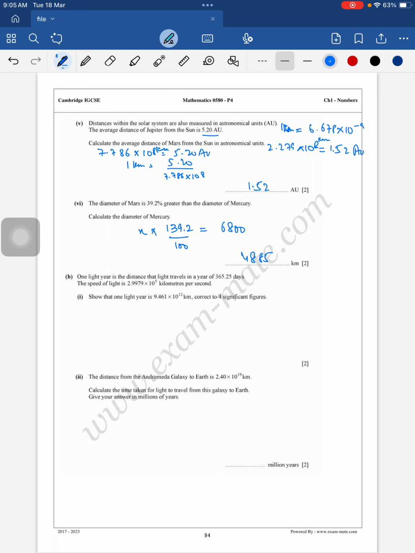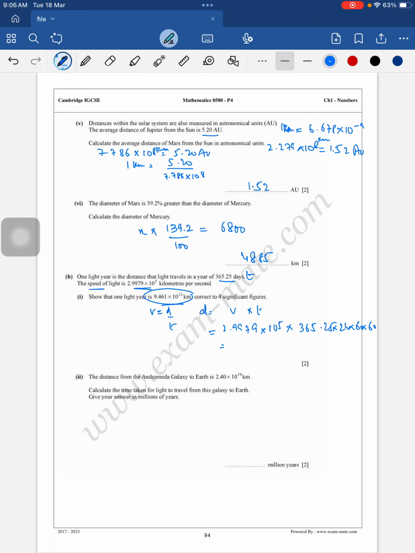1 light year is the distance that light travels in a year of 365.25 days. The speed of light is given. Show that 1 light year is this. We have time, we have speed, we have to calculate the distance. So speed is equal to distance upon time, distance is equal to speed multiplied by time. Speed is 2.9979 multiplied by 10 to the power 5. Time is 365.25 days multiplied by 24 hours multiplied by 60 into 60, right?